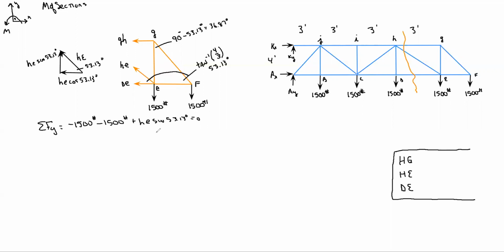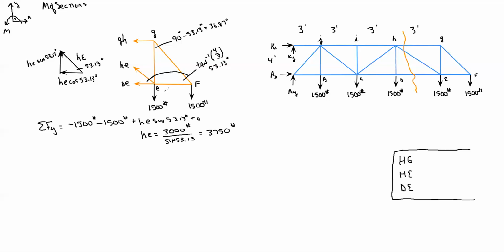Add 3,000 pounds to both sides and divide both sides by sine 53.13. We get 3,000 pounds divided by sine 53.13, which gives us a value of HE of 3,750 pounds.